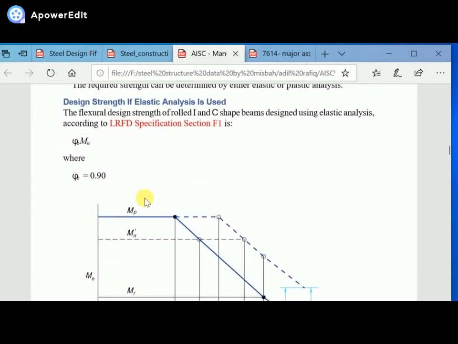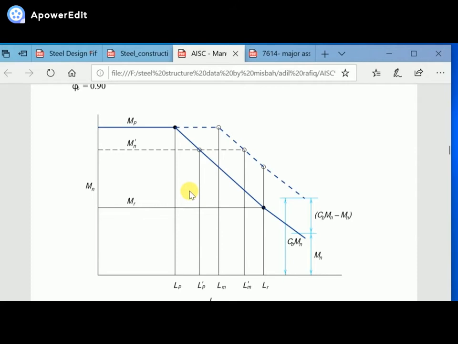You see this figure, this is a very important figure. It defines that the design strength of a steel beam lies in three different zones: a straight line, then an inclined portion, and then a little bit of parabolic portion.